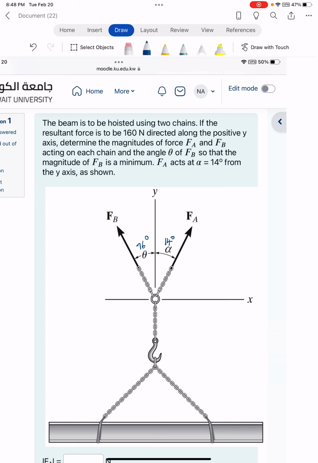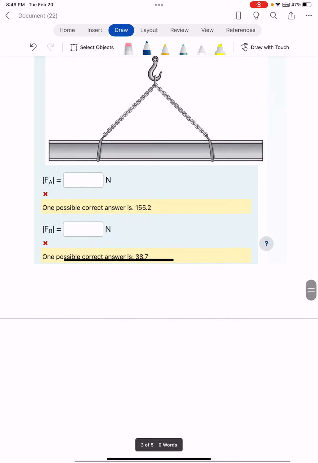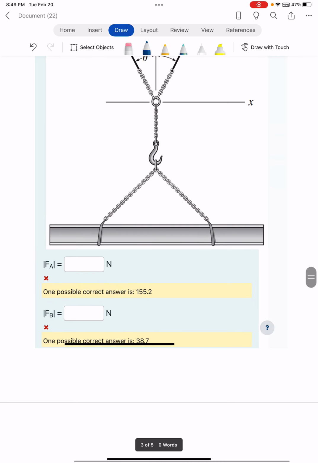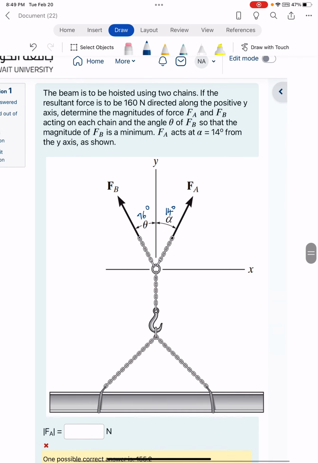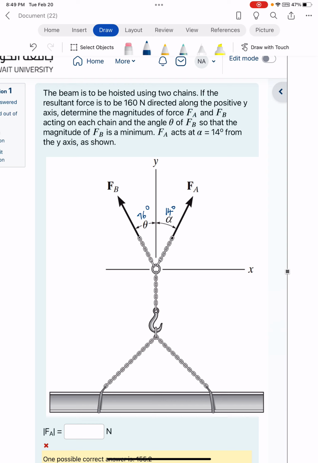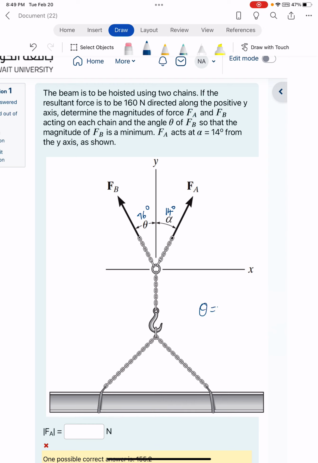Okay, so let's draw our parallelogram method and try to find out the numbers later on. So the angle theta, is that one of the needed answers? So maybe it's theta here. Theta is 76 degrees. So theta is 76 degrees.